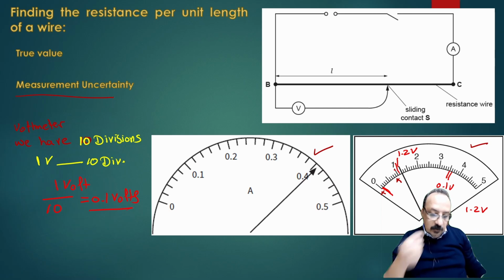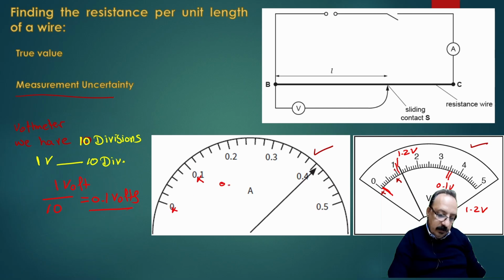Let us come and do the same for the ammeter. Okay, so from here to here it is 0.1 amp. How many small divisions are there? 1, 2, 3, 4, and 5.